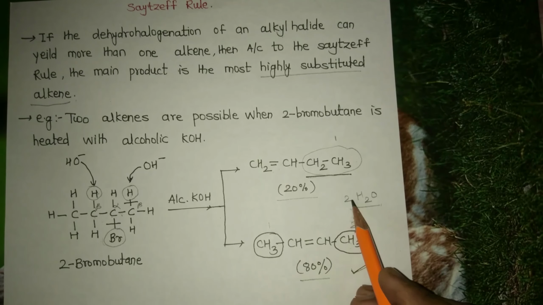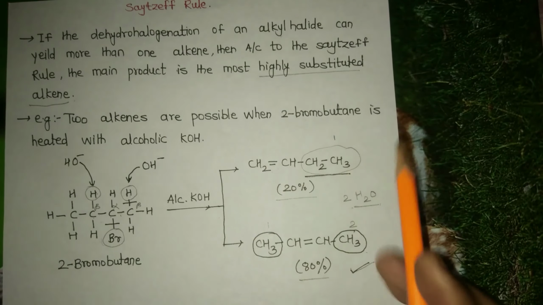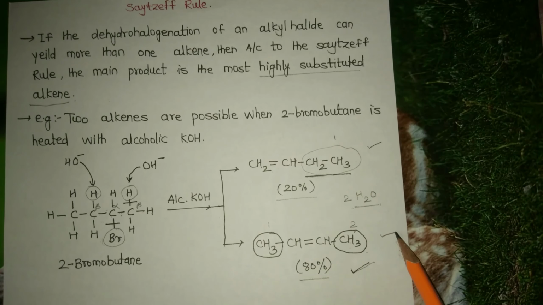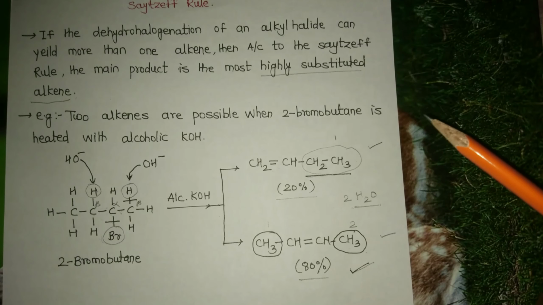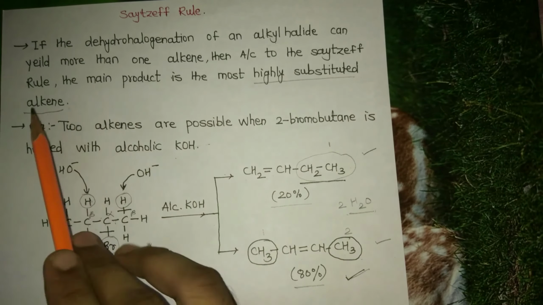First product: if this beta proton is removed, this bond is removed and this bond is eliminated, a double bond will be formed over here, means this compound will be formed. And if this proton and this halide group are eliminated, the double bond will be formed over here, means this product will be formed.